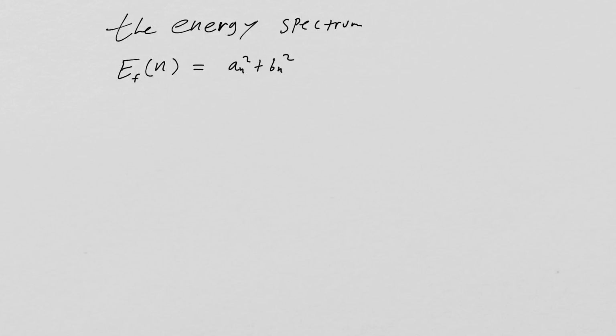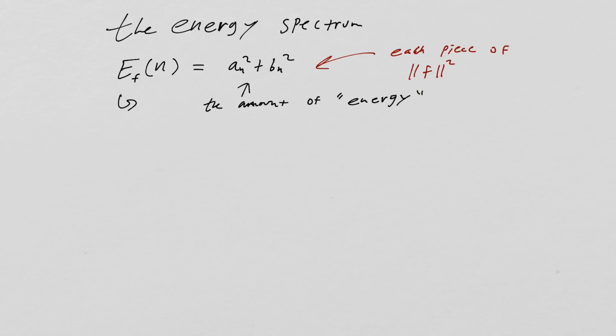So basically, each one of these is a piece of f squared, in effect, up to some constant of proportionality. You can think of it that way. It turns out these pieces are very important because this is what we think of as the amount of energy. I need to phrase this precisely.